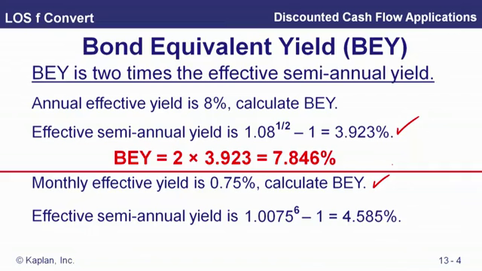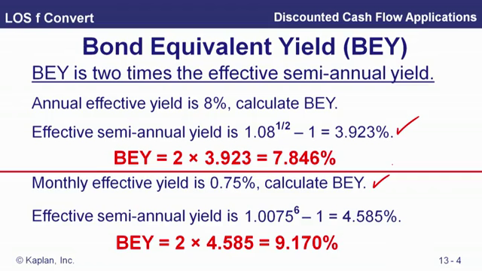Our effective semi-annual yield, we take 1 plus the monthly rate to the 6th power, compound it for 6 months, subtract 1, and find out our effective 6-month rate is 4.585%. And what's our last step here? Again, that's a 6-month effective yield. Double it, and there we have a bond equivalent yield. It's a way to put various securities on the same yield basis so we can compare them and see which one has the higher or highest yield.